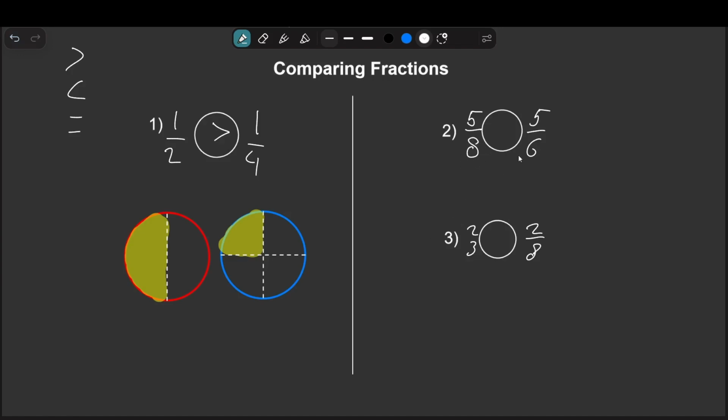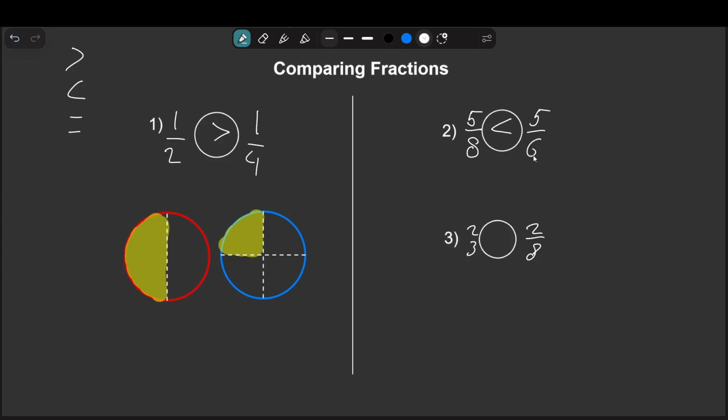In this case, 8 is bigger than 6, so it should be less than this one. This is the answer, because this one is less than this one even though it has a bigger denominator: it is cut into 8 pieces, and this is cut into 6 pieces.